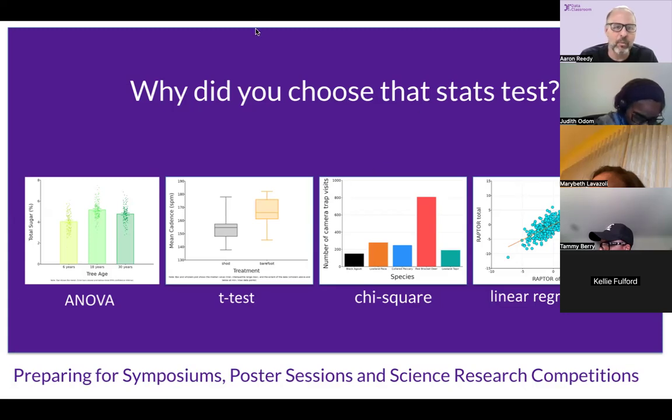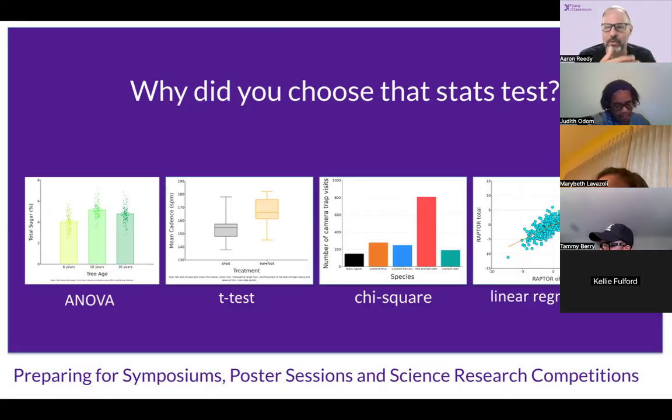So no matter what the answer is to that question of why did you choose that stats test, it's related to the kinds of variables you have and what your central question is. Are the groups different from one another? Is the distribution different from a null? Is there a relationship?